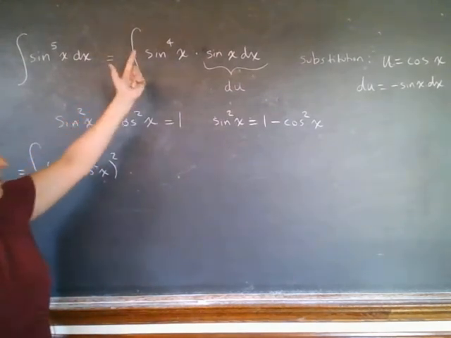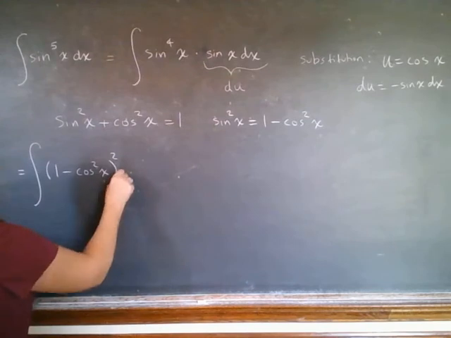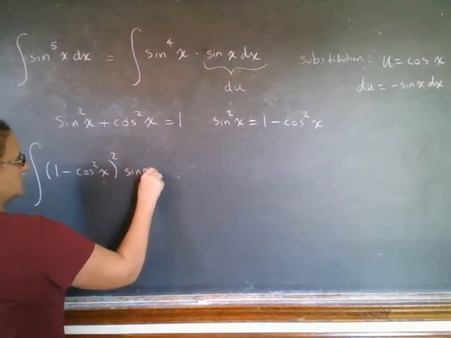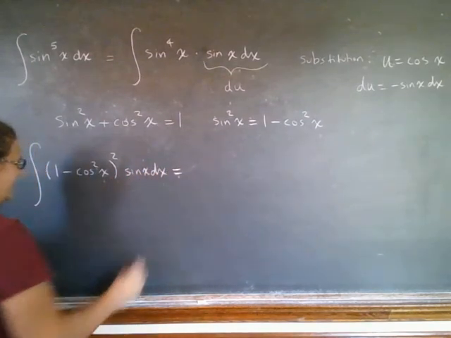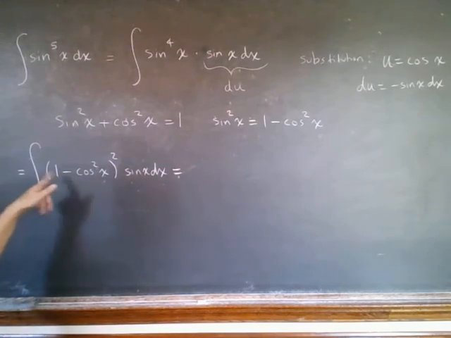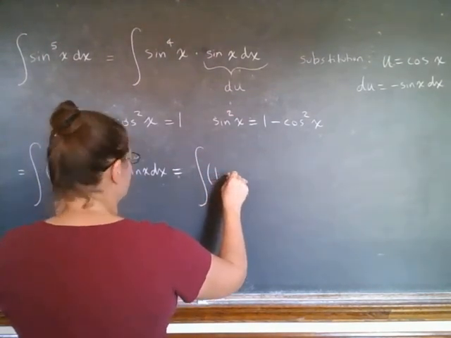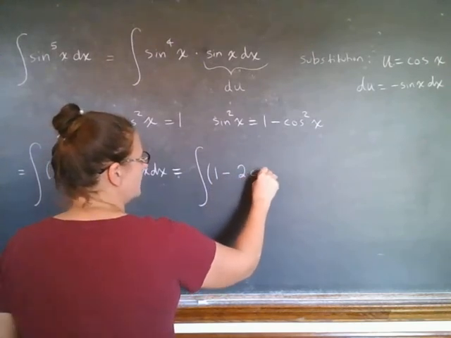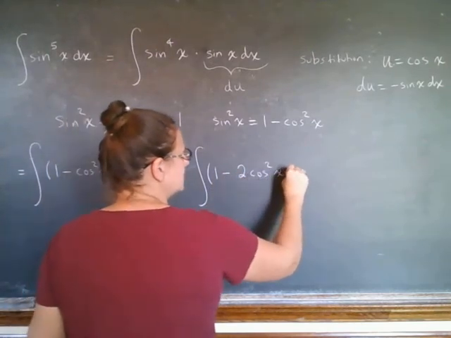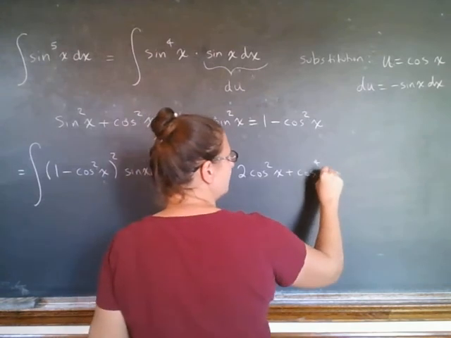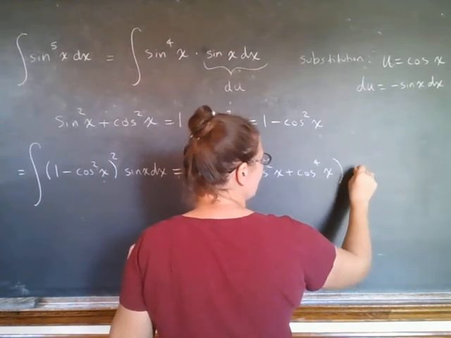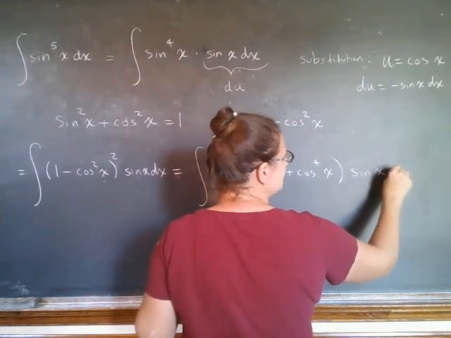Because that's sine to the fourth. And then my sine x dx is just going to come along for the ride. Now I have to do a little bit of work. I have to work out what this is. It's going to be 1 minus 2 cosine squared x plus cosine to the fourth x, and then I have this as sine x dx.